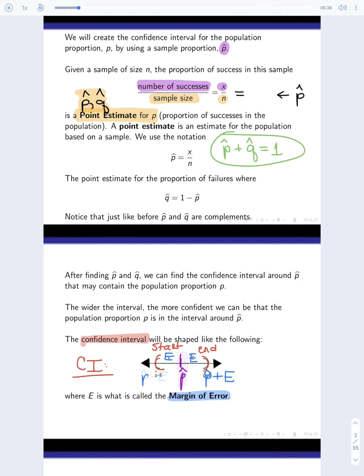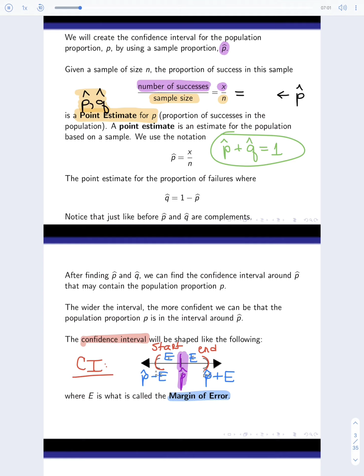And on the lower end of our confidence interval, it takes the p-hat and subtracts the error. And again, the p-hat, the actual proportion for the sample, always goes in the middle. We'll deal with what it actually means and a little bit more details later.